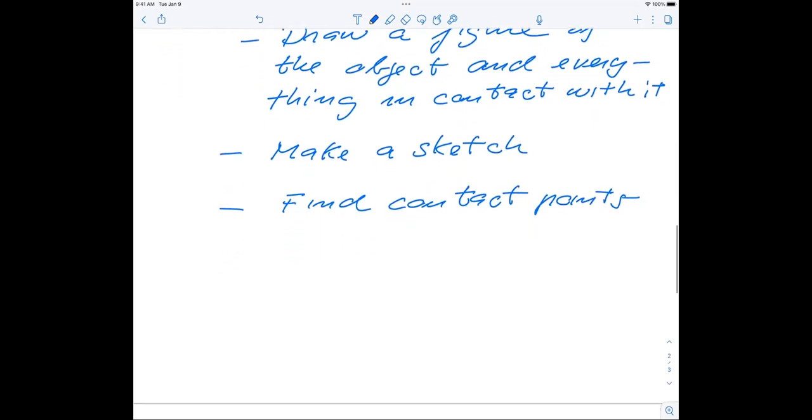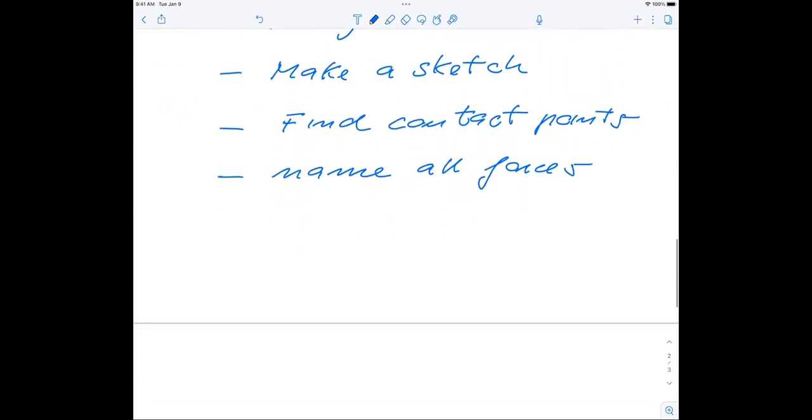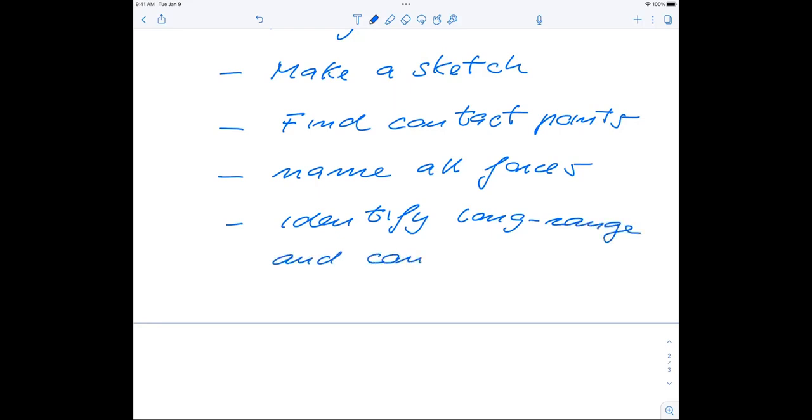And then name all forces. That was the next thing. Name all forces which we can identify. And then we need to identify long-range forces and contact forces.